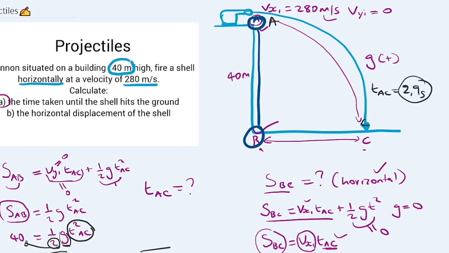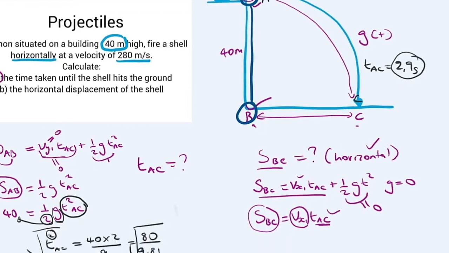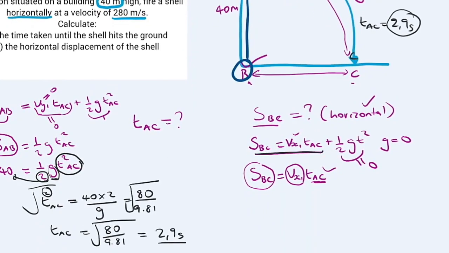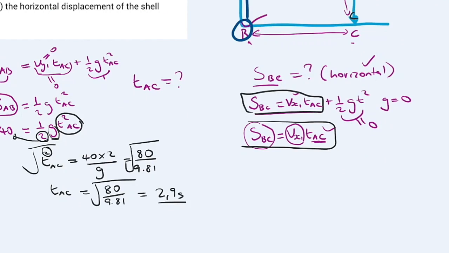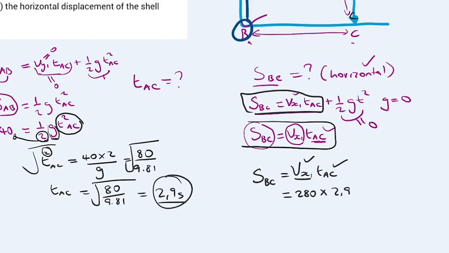Now we've got the time it takes. Now let us come back to this formula. Let's write it here on the bottom clearly. It is distance S_BC equals the horizontal initial velocity times the time it takes from A to C. We have this one we're given. Let us substitute. This is 280 meters per second times the time that we've got now, 2.9 seconds.